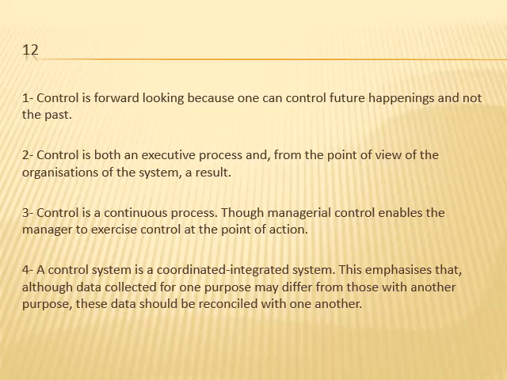The information system is designed on the basis of the control system. Every manager in the organization must have adequate information about his performance, standards, and how he is contributing to the achievement of organizational objectives.